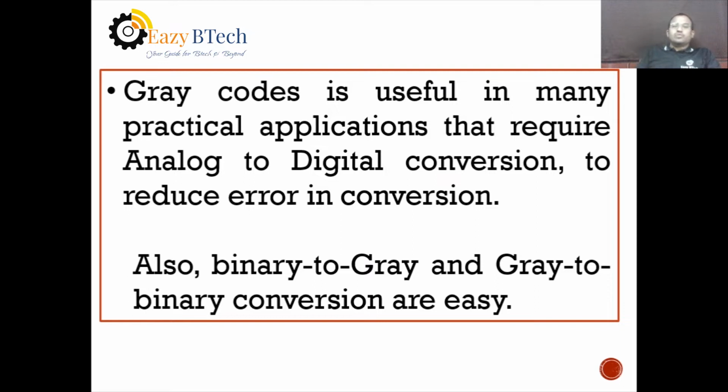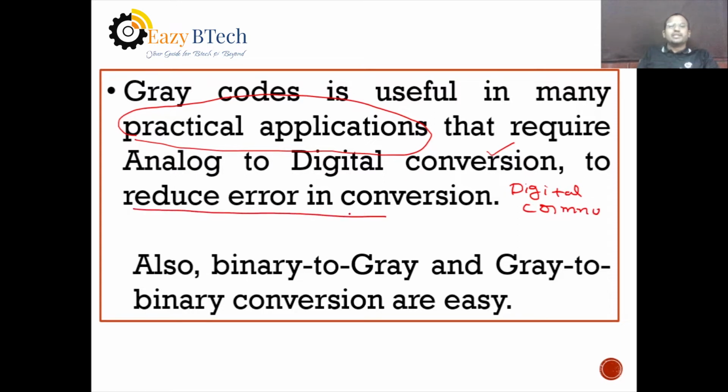Now, what are the advantages and applications of gray code? It is used in most practical applications, like analog to digital conversion and digital communication. In digital communication, it is used especially to reduce errors while transmitting binary data from transmitter to receiver.